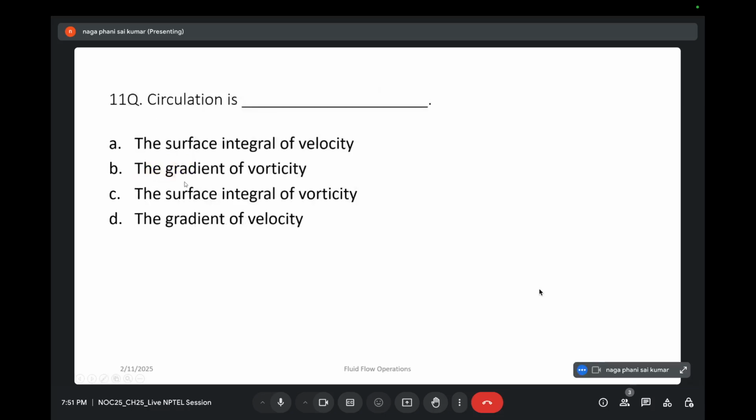Circulation is dash: the surface integral of velocity, the gradient of vorticity, the surface integral of vorticity, or the gradient of velocity. This was explained by the Professor during the session. So the correct answer will be option C, the surface integral of vorticity.